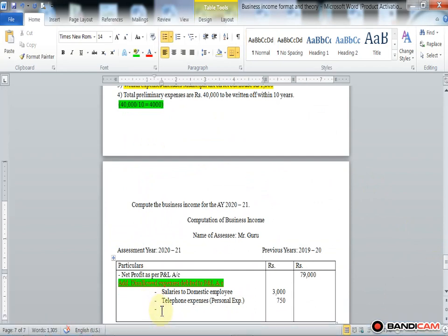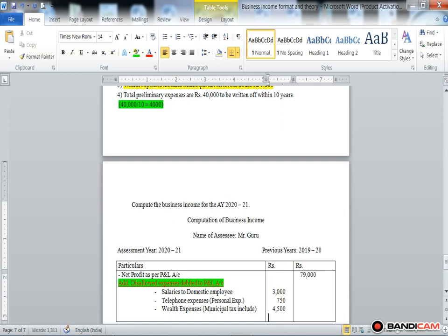So here wealth expenses, into bracket municipal tax include. Okay, municipal tax include, that is amounted to rupees 4,500.